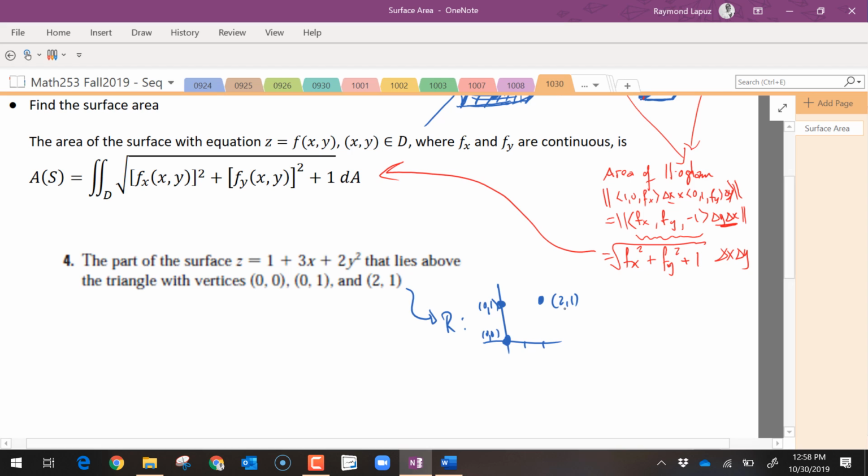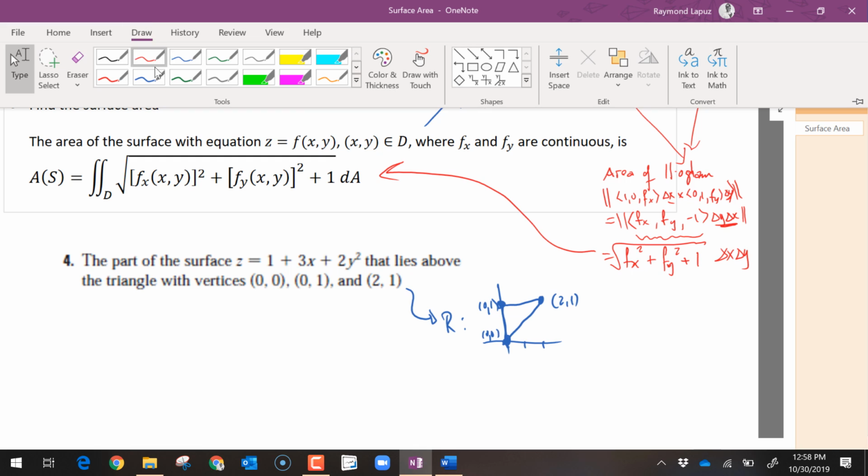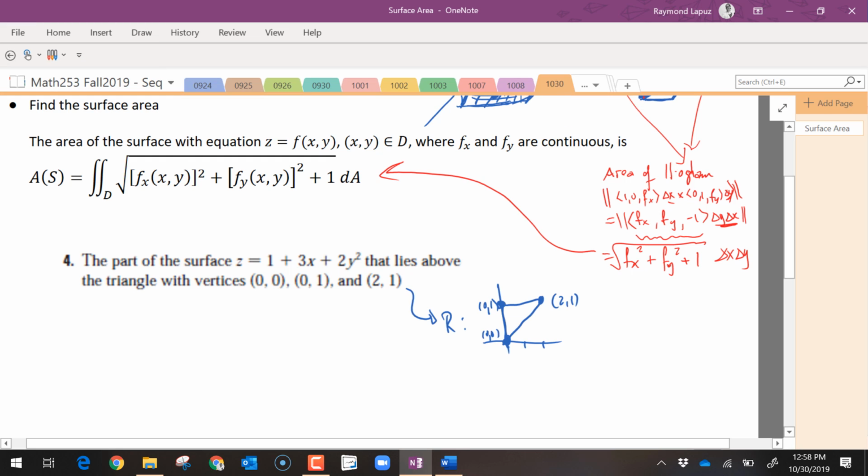So we can decide now or later what we're going to integrate with respect to first. I guess we could do either way. If we integrate with respect to y first, we would go from a line to y is equal to 1.